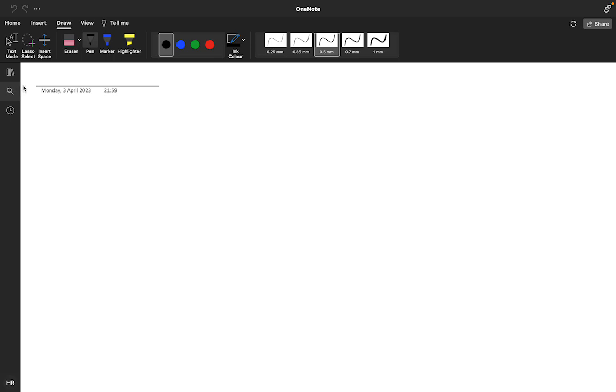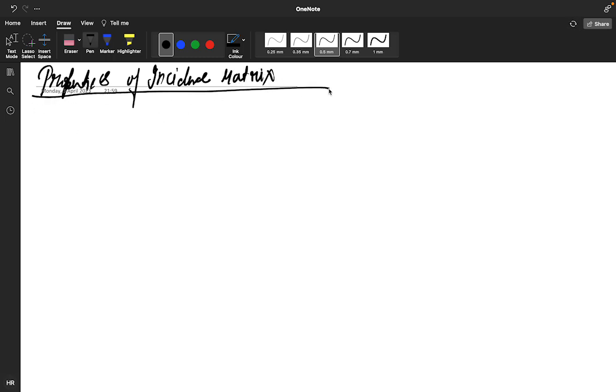Write the next topic, properties of incidence matrix. So these are the properties I am dictating; just write them down.